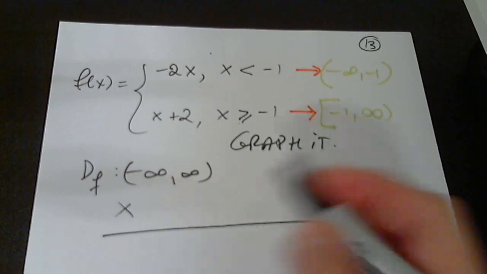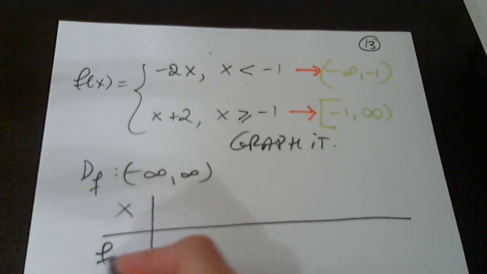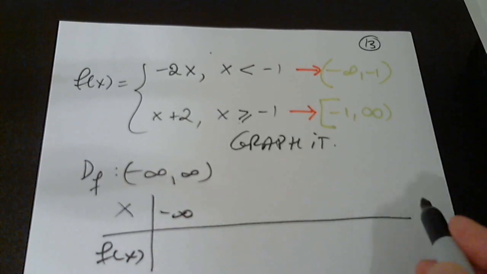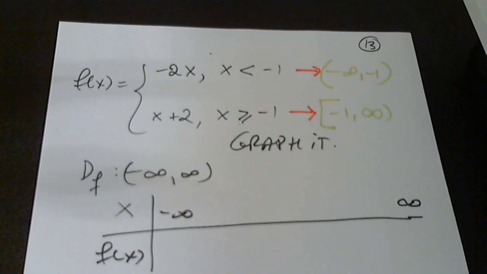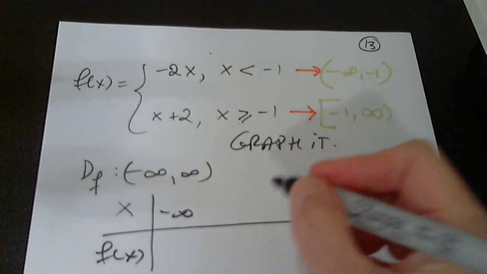So we get our table going. Which values do I have to have in the table in this case? 0 and -1. Brilliant, thank you very much.